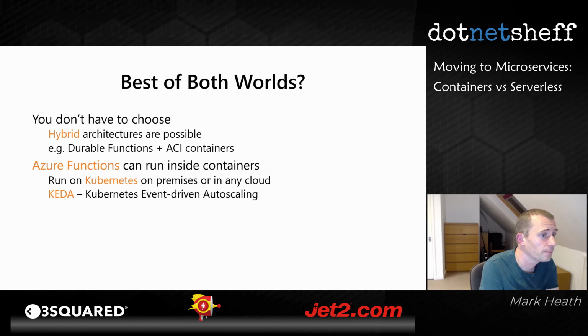It can monitor the kind of triggers that are triggering your Azure Functions and decide that it needs to scale out some additional containers. So you can actually get the auto-scaling bit of Azure Functions inside your own Kubernetes cluster if you want. So if you really like the Azure Functions programming model, but your company has already decided we're doing Kubernetes, you can buy into it if you want to.